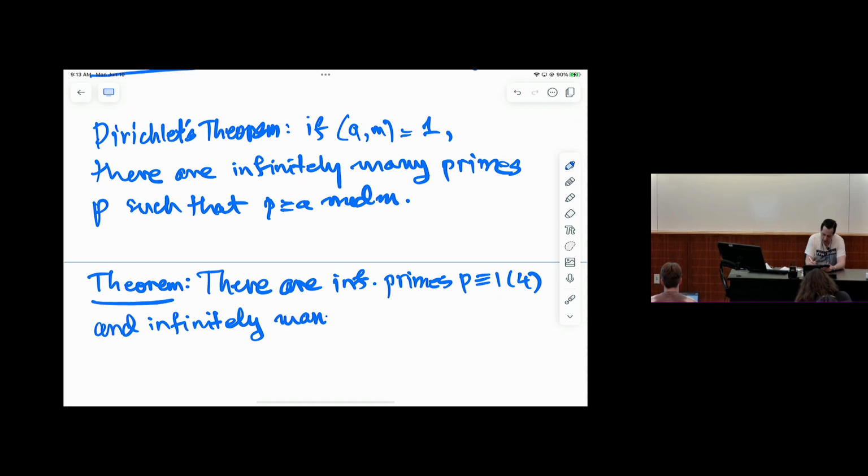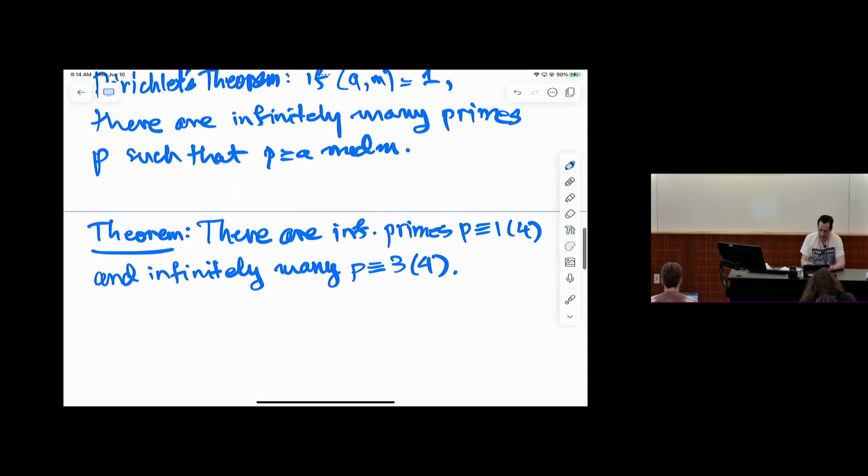So, of course, by silly logic, oh, there are infinitely many primes, one of them has to be infinite. That's not what I have in mind here. Each one separately. There are infinitely many primes that are 1 mod 4 and infinitely many primes that are 3 mod 4.